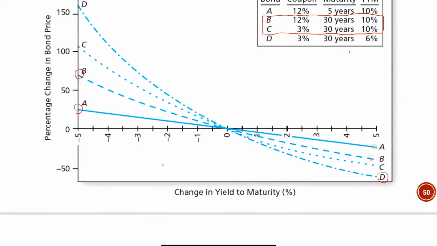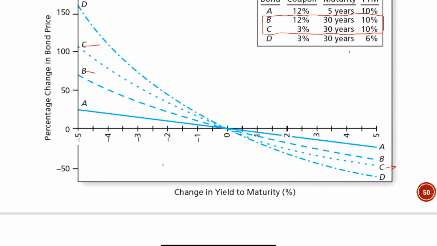And what you can see here is C is below B if interest rate increases, and C is above B if interest rate decreases. So this basically means C is more sensitive to interest rate change. So the lesson here is a bond with lower coupon rate is more sensitive to interest rate change, right?